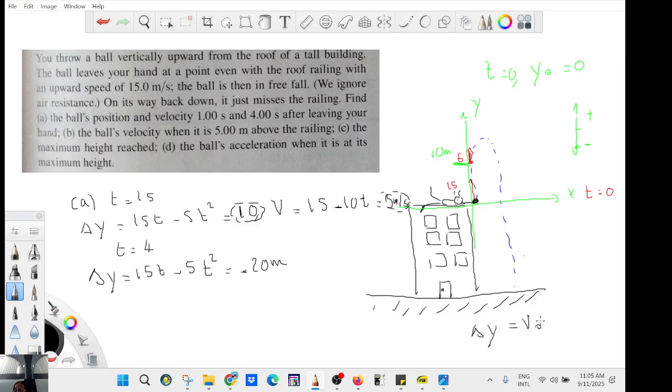It's the first equation. Delta y equals V0t plus one half at squared, but it's free fall, so this one is negative 10. Initial velocity is 15. So negative 20. And what's the velocity? Negative 25. So what's happening? We are on the way down. So here, obviously, it's going to be 15, okay, because everything is symmetric.